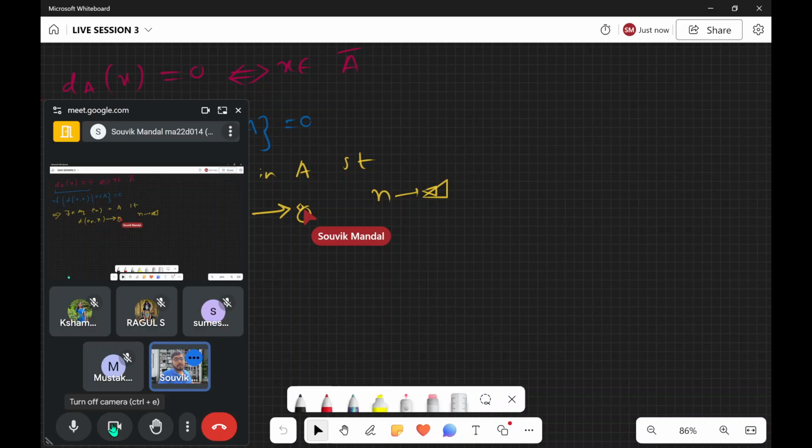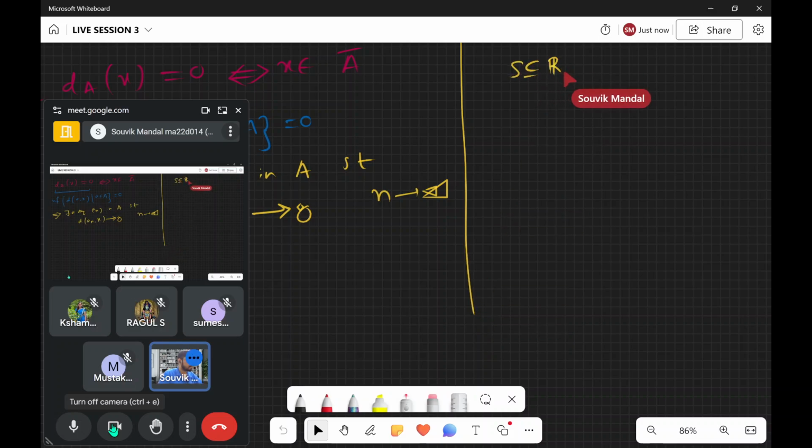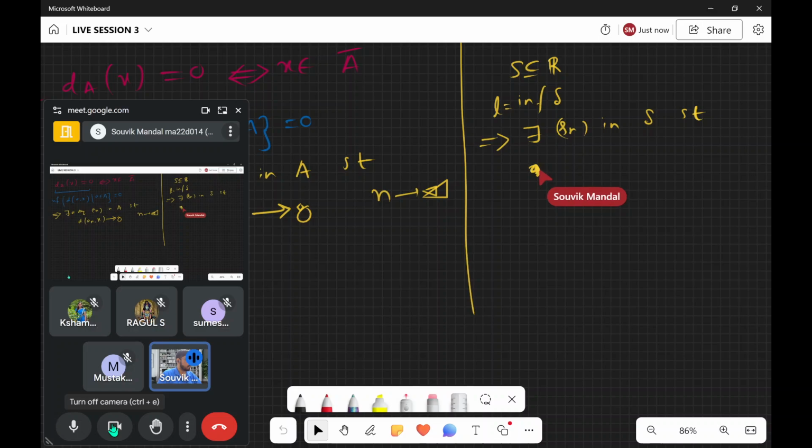So basically, suppose a is a subset, there exists x such that a sequence converges to a point.